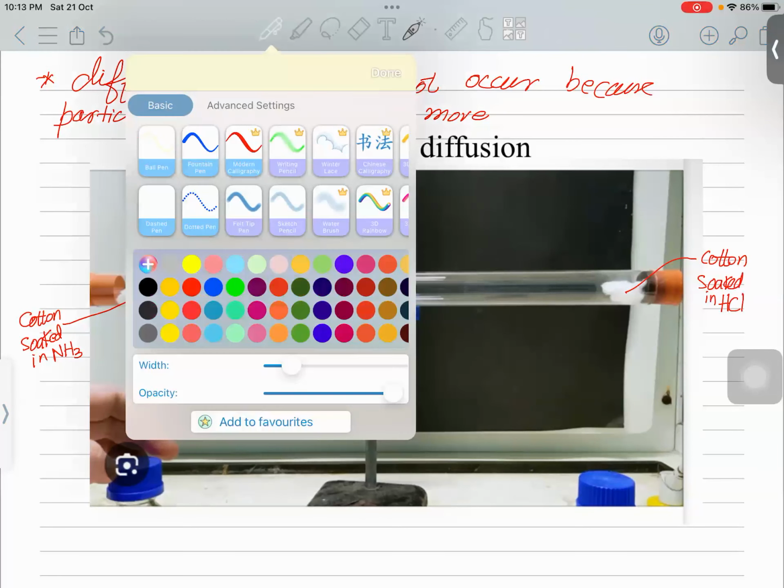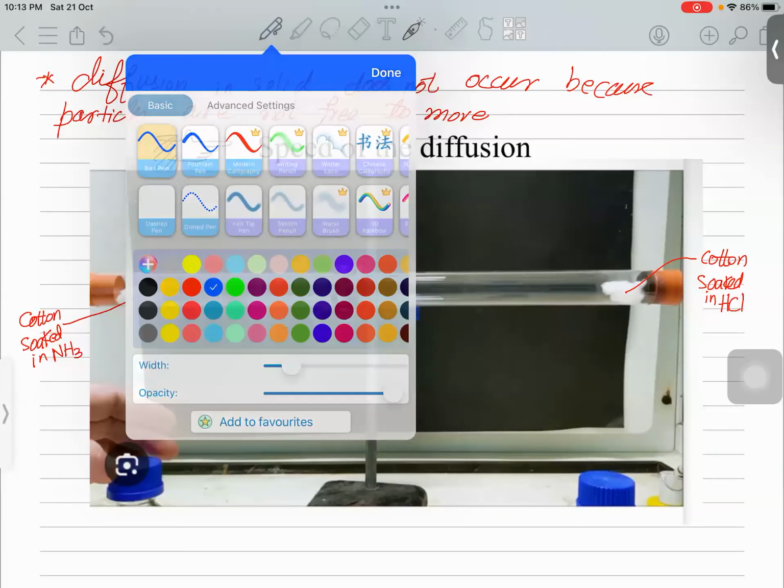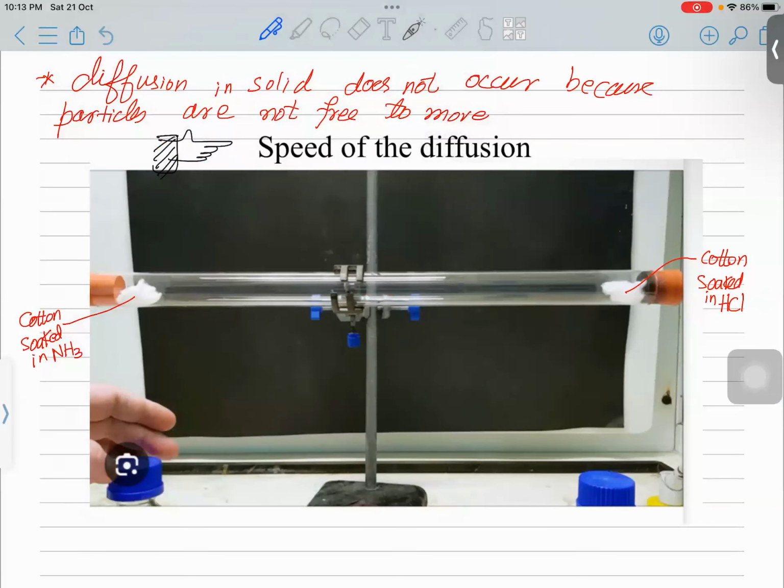Now can anyone tell me the Mr of NH3? Yes, Mr of NH3. So I think it's 17. 17. And Mr of HCl. 36.5.